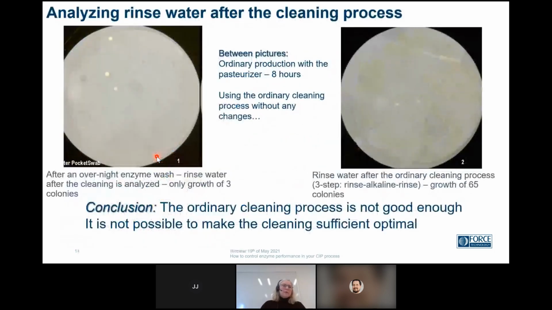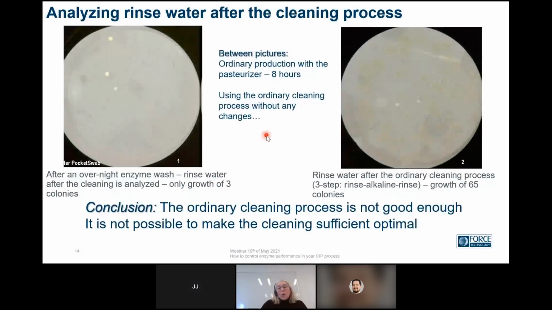And here are the results. We are analyzing the last rinse water after the enzyme wash here, and we can see on the petri dish only 3 colonies grow. Then we have an ordinary production with the pasteurizer, 8 hours.